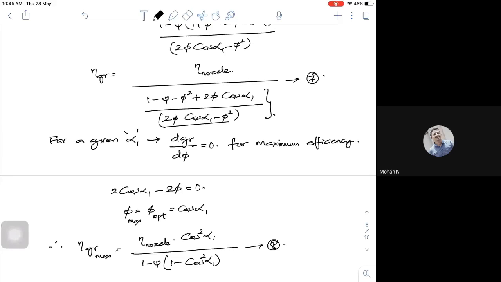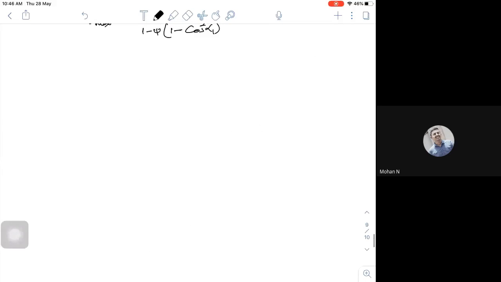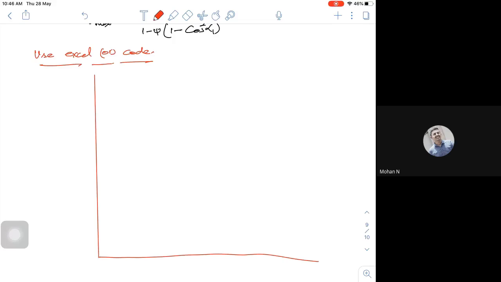What people can do is take this expression and use Excel, or code. If you want, you can write the code also. Use Excel or a code, and try to plot this graph and verify this.